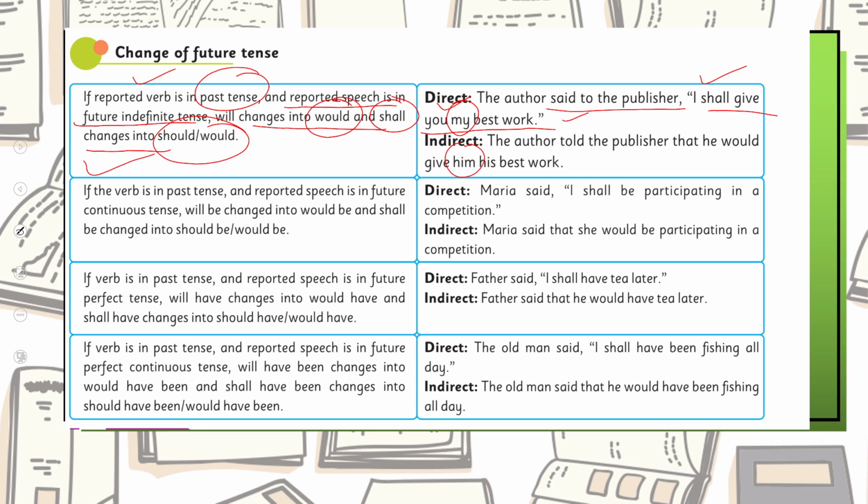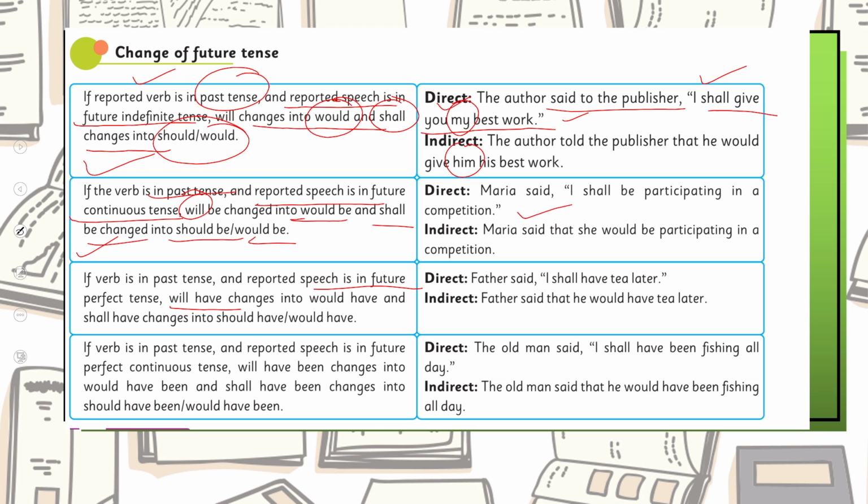If the verb is in the past tense and reported speech is in the future continuous tense, will be changed into would be and shall be changed into should be or would be. The example is given over here. And all these rules, if verb is in the past tense and reported speech is in the future perfect, what can you do?